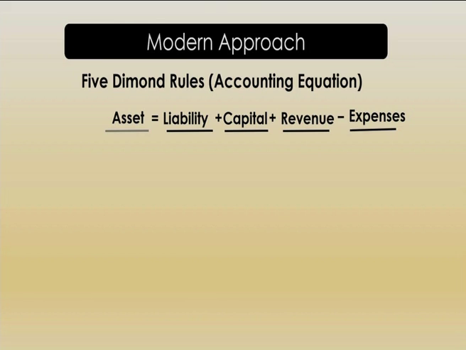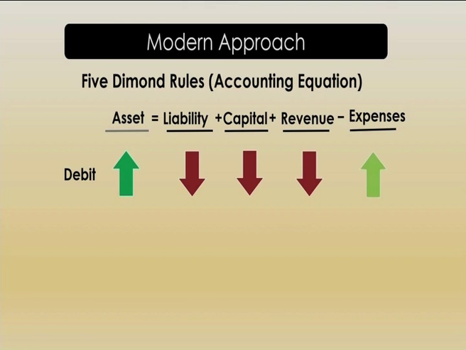Now, how are you going to debit? Here, if you look at the arrows, there are two different types of arrows. You can see red arrows and green arrows. Sometimes the arrow is pointing upward, sometimes downward, which means if it is green and pointing upward, it is called an increase.